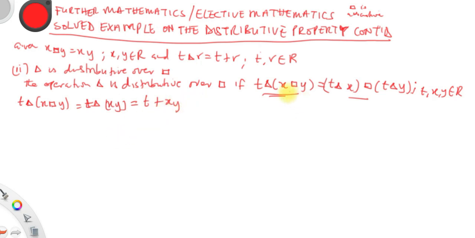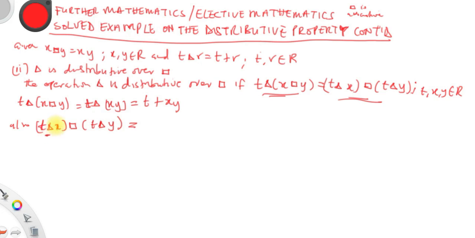Then we take the right hand side. We have t triangle x, then square to bracket t triangle y. So solve this one.